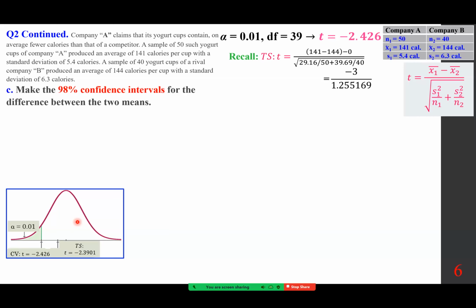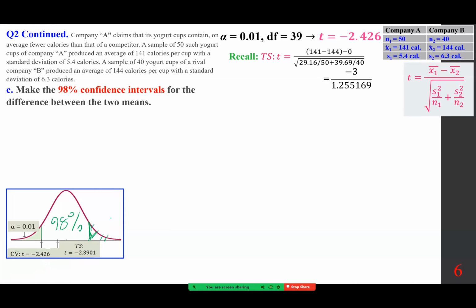So in the middle, if you think about this, this is the 98% confidence interval. This would be another tail if you're dealing with a confidence interval.